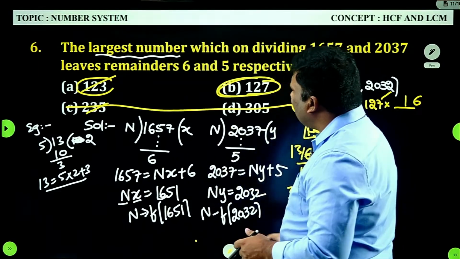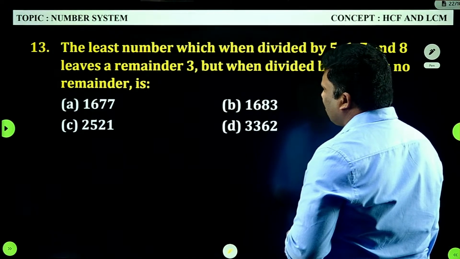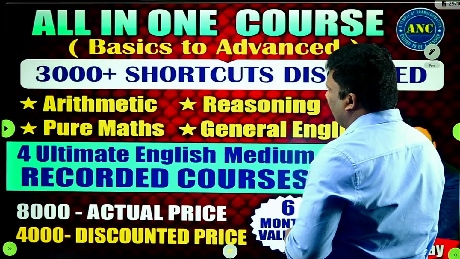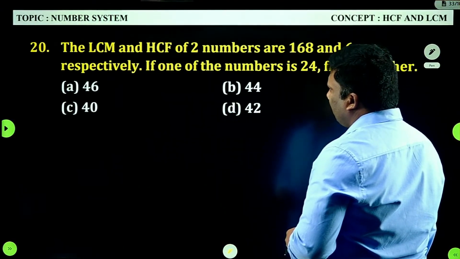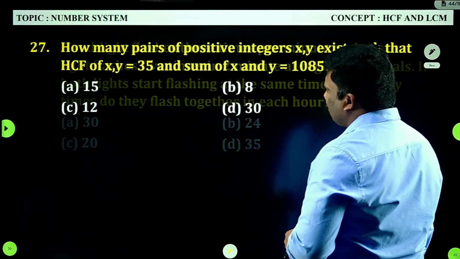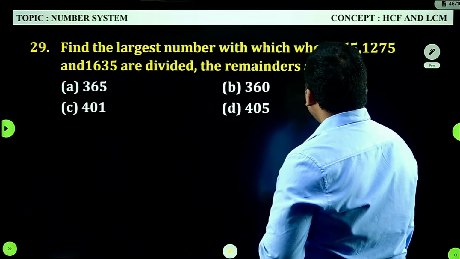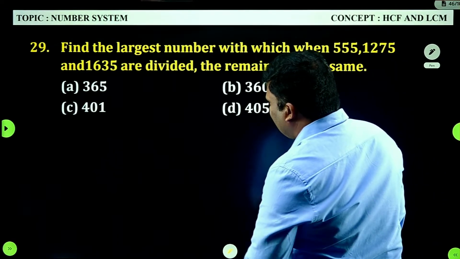Like this, there are some questions which you can solve very, very fast. Let me show you some numbers. Some previous year questions are there which you can solve very easily. Now see here.